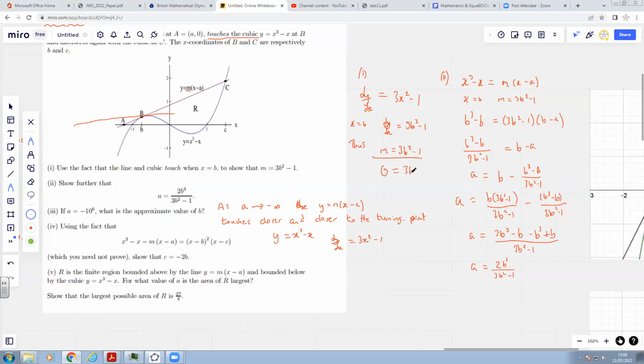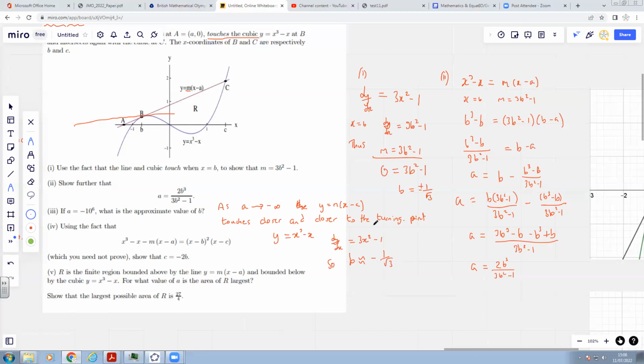So you get 0 is 3b squared minus 1. So b is plus or minus 1 over root 3. But we need to take the negative because b is clearly negative. It's the same way as doing it like this. You're just going to plug b in there and set the gradient equal to 0. So b roughly equals the negative of 1 over root 3.